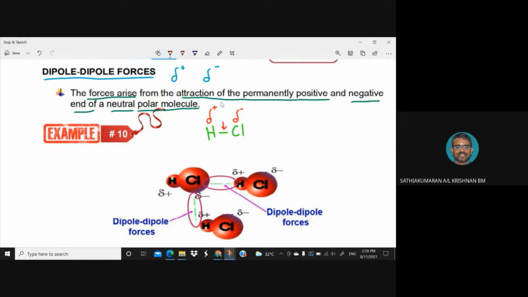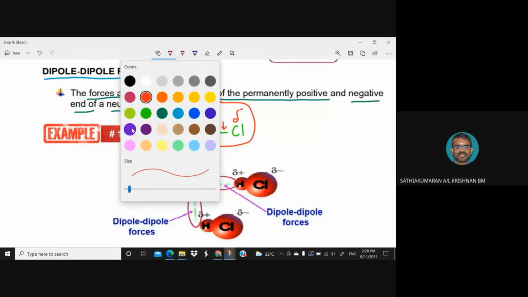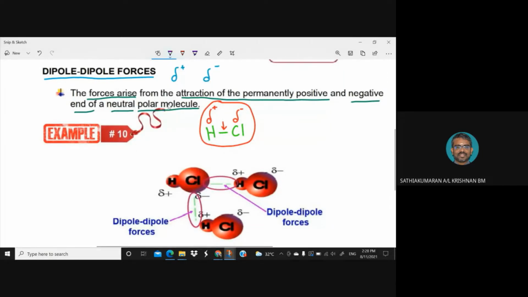How about this molecule? Is it a polar molecule? Yes. Let me see, have all the conditions been fulfilled? Polar molecule? Yes. Does it have permanent positive and negative ends? Let me see. It has dipole positive and dipole negative.